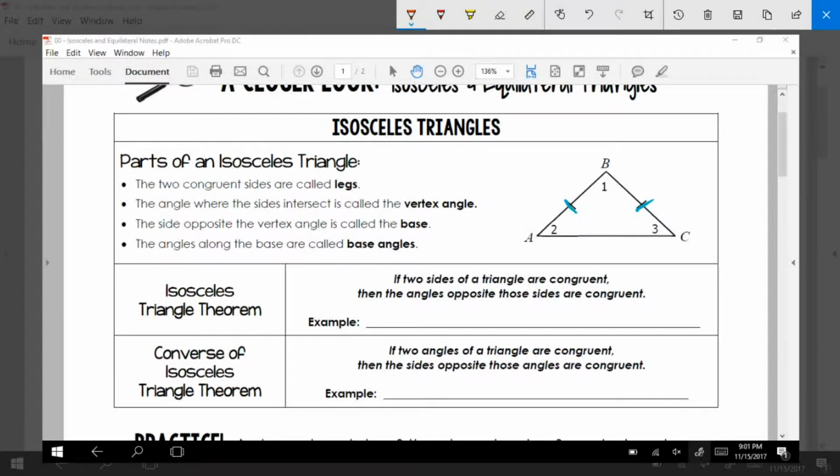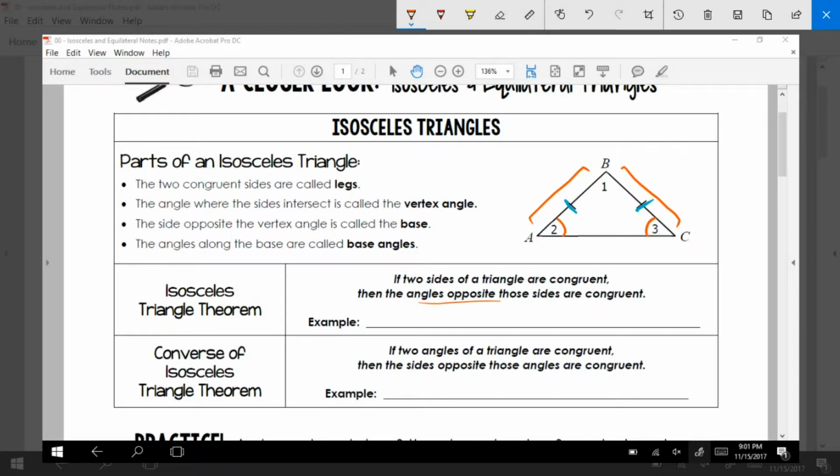So I'm just going to call it by number, but angle 2 right here is opposite of side BC, right? And then which side is opposite of AB? That's angle 3. So that's right. And these two angles will be congruent, okay? That's the isosceles triangle theorem.